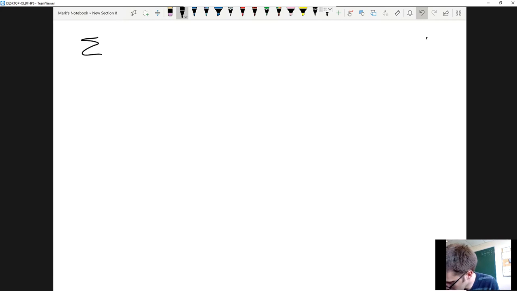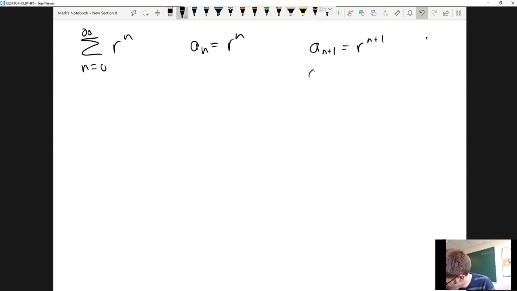Suppose we've got the series that looks something like r to the n, where a_n is just r to the n. Notice that if you take the ratio of consecutive terms, so we take term a_(n+1), which would just be r to the n plus 1, and we divide that by a_n, and I'll take an absolute value of those.